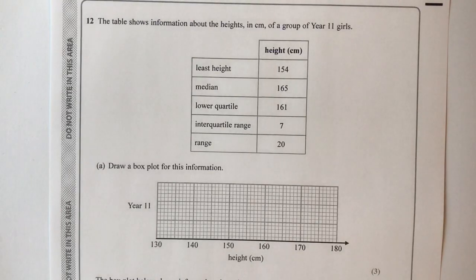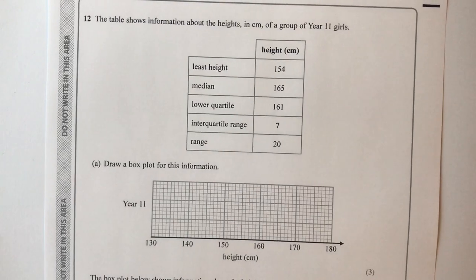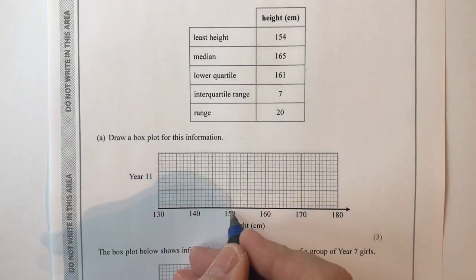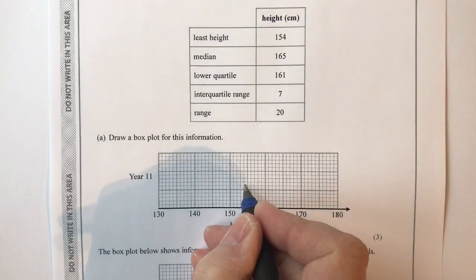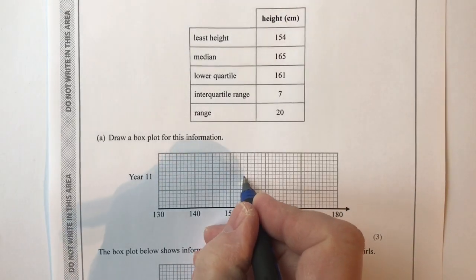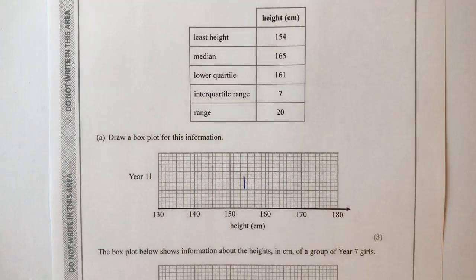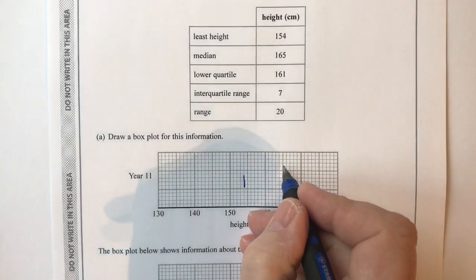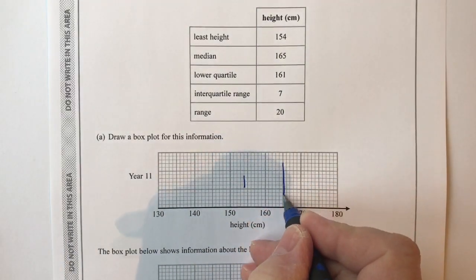Okay, let's just pop this down onto the actual grid itself. So the least height is 154, which I'm going to write in about there. Okay, that's the least height. Then I've got the median, which is the middle value, at 165. Now remember, that's a longer line.